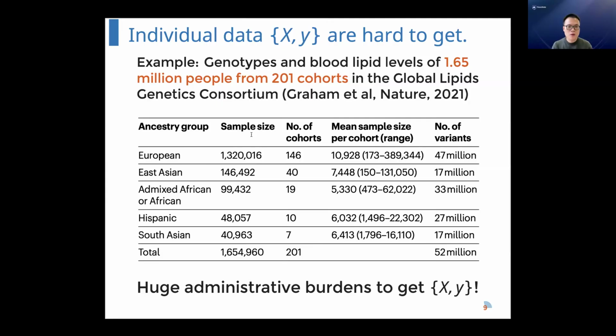Due to privacy and regulation issues, nobody in this consortium can combine the individual phenotype Y vectors and individual genotype matrices X from all 201 cohorts to form those huge Y and X data matrices for us to perform the standard multiple regression analysis.